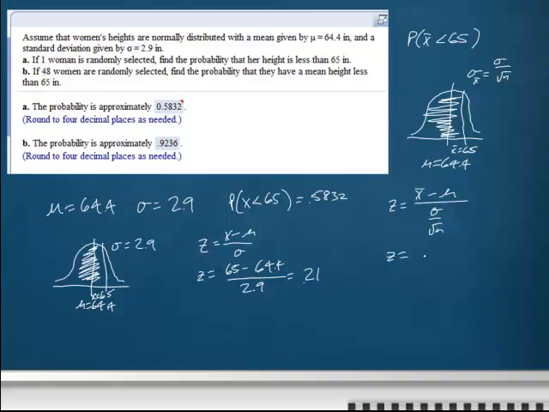So our z value will be 65 minus 64.4 divided by 2.9 over the square root of 48. And when we perform that calculation, we're going to have 1.43.